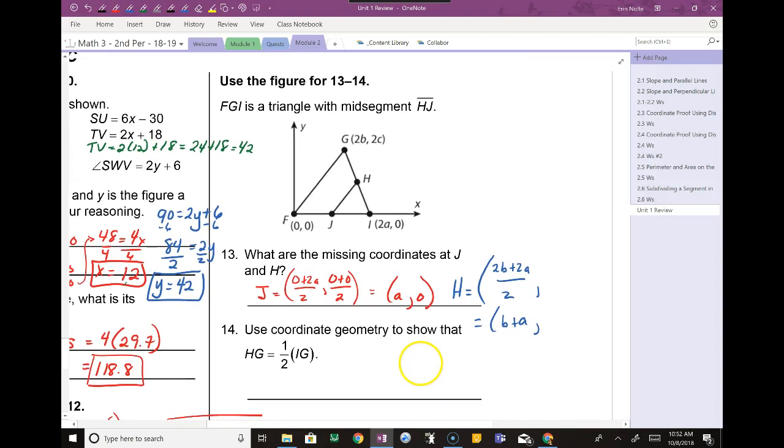Interesting. Okay, my y's, I have 2c plus 0, so 2c plus 0 is 2c, and 2c divided by 2 is c. So that's your h point.